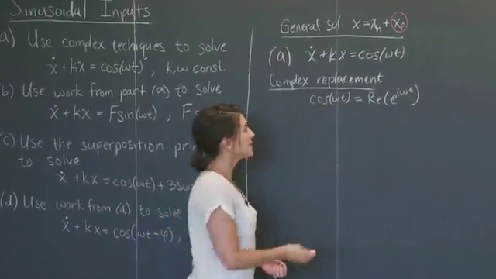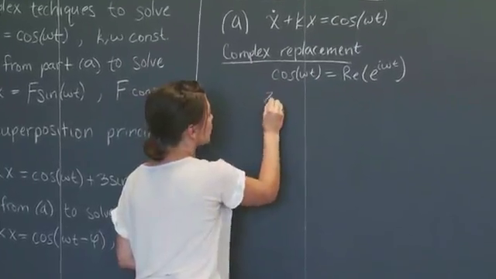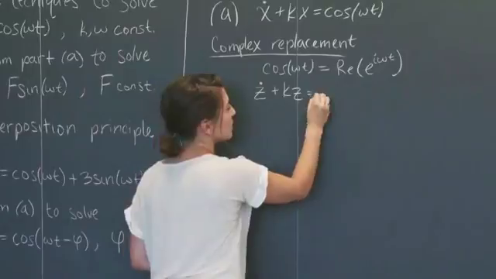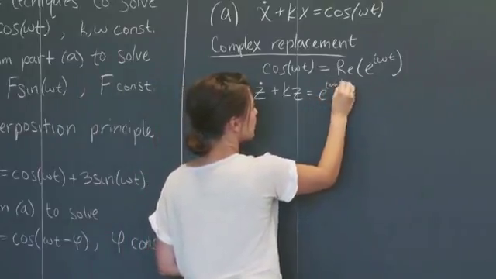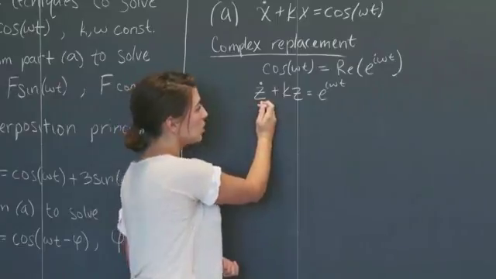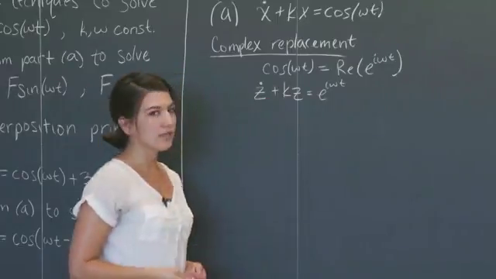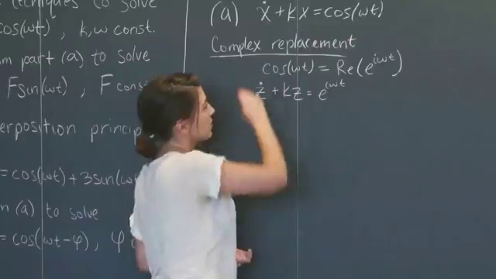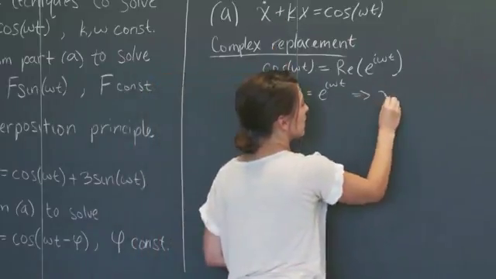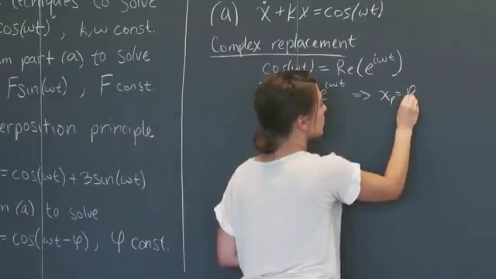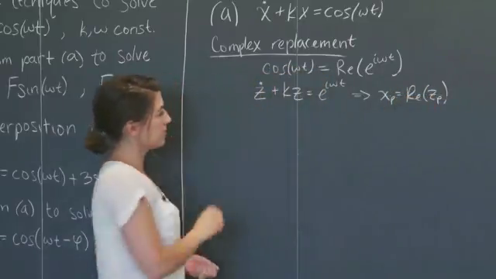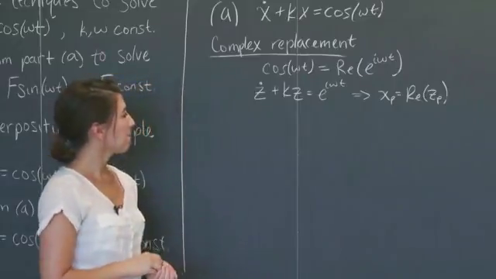So we can complexify this ODE by writing z dot plus kz equals e to the i omega t, and we'll find a particular solution to this ODE. Once we do that, we take the real part of that solution, which will give us a particular solution for our original ODE. So x sub p will be equal to the real part of z sub p, where this is a particular solution for this ODE.